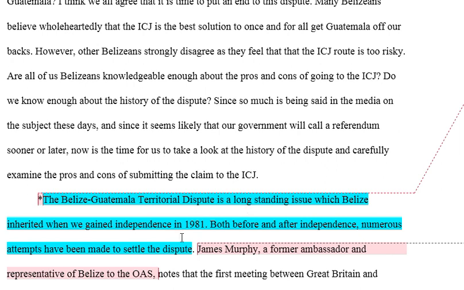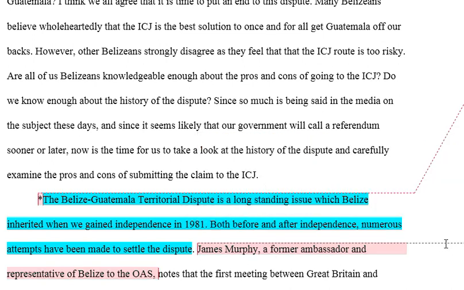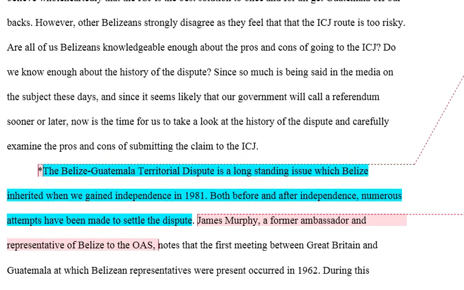So here we have this student opening up his paragraph, and indeed this part of the paper in which he's presenting an outline of the historical background and progression of the Belize-Guatemala dispute. He starts out in his own voice. In this first sentence, right? So that's a very good practice that you'll want to emulate.